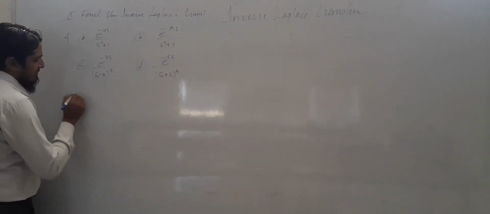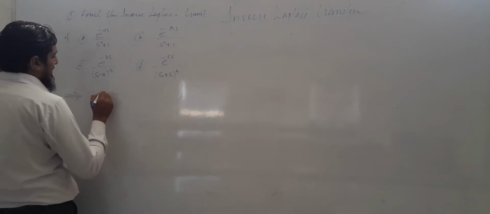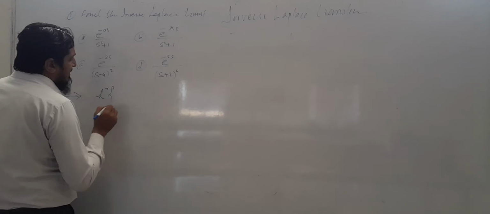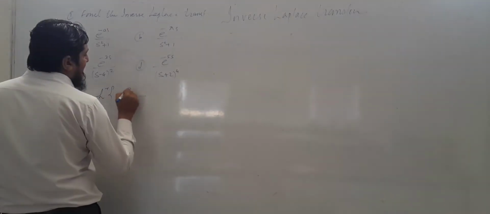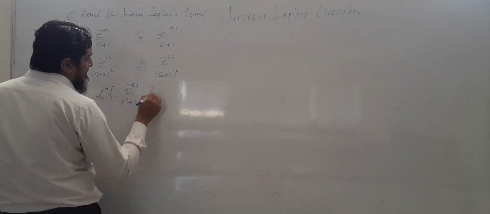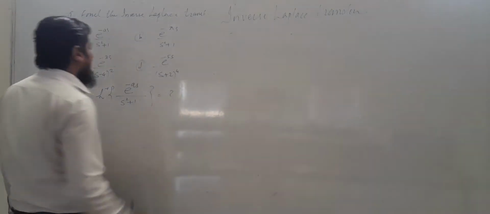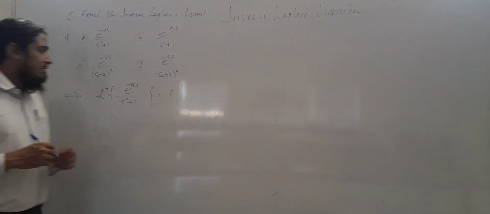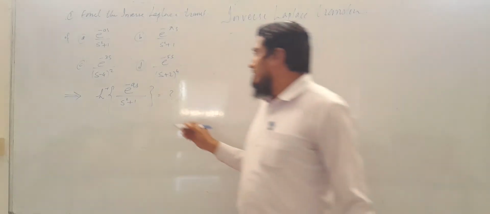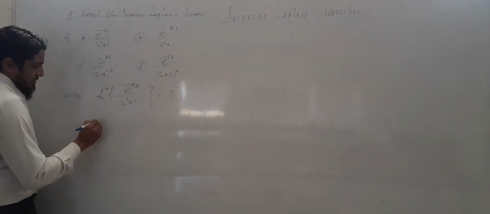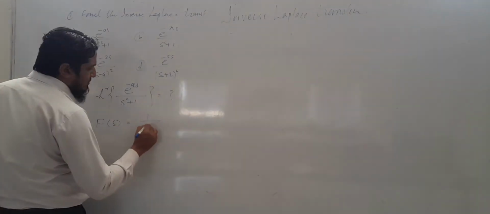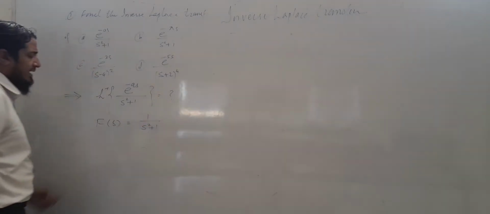Let us start with the first example, where we find the inverse Laplace transform. Means we have to calculate the inverse Laplace transform of e raised to minus s upon s square plus 1, and we can find it by indicating the first part, that is 1 upon s square plus 1, as F of s.